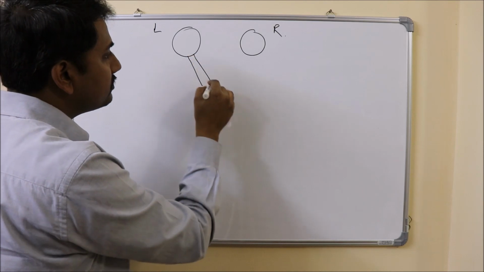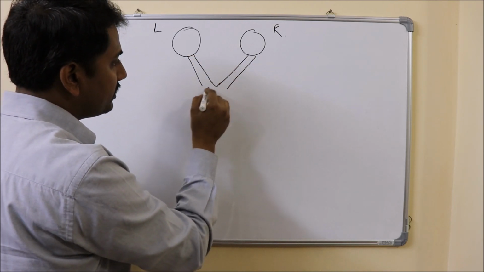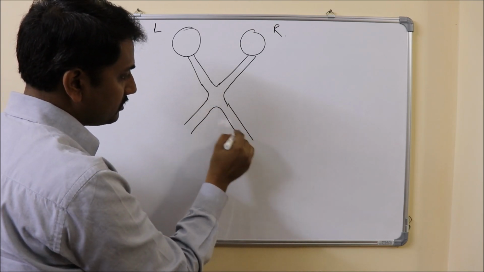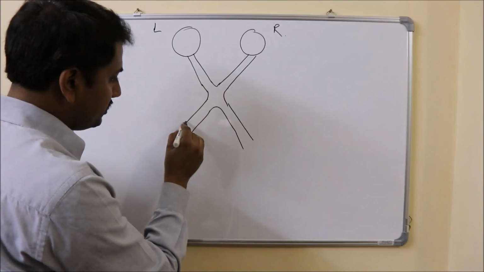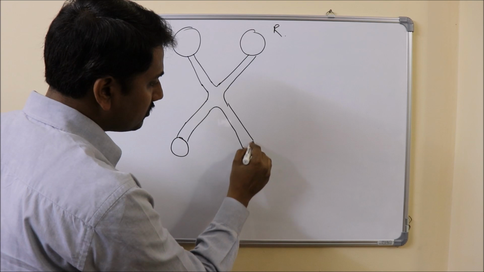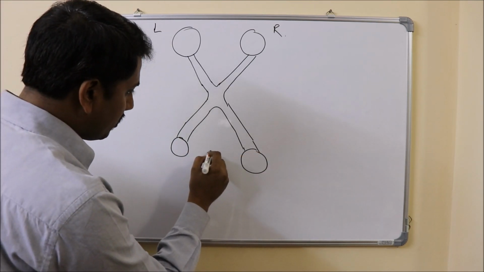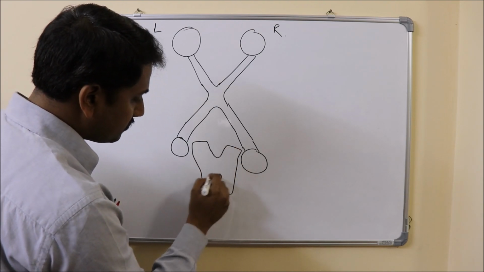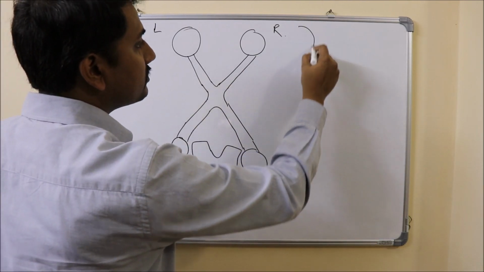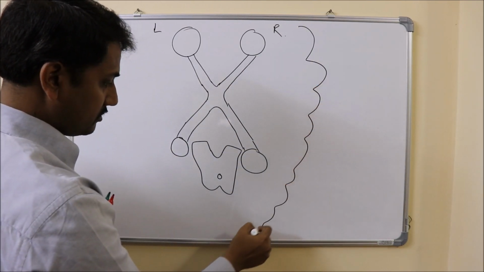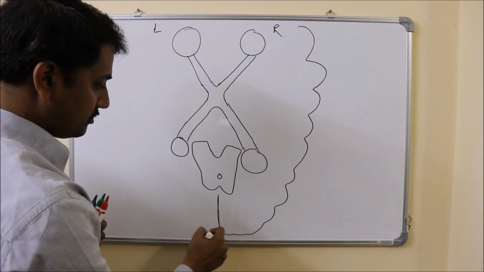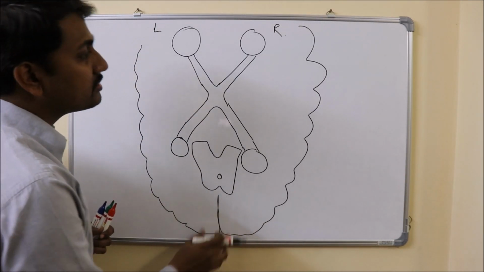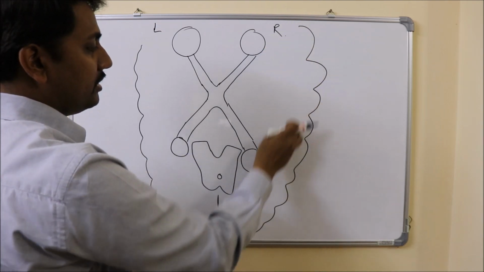These are two optic nerves crossing over at the level of the optic chiasma, then the optic tract, the two lateral geniculate bodies, the cut section of the midbrain, the cerebral cortex, this is the visual cortex, this is the frontal and the parietal cortex.